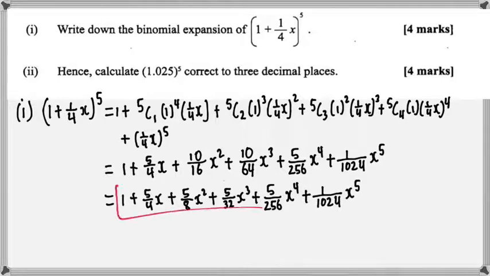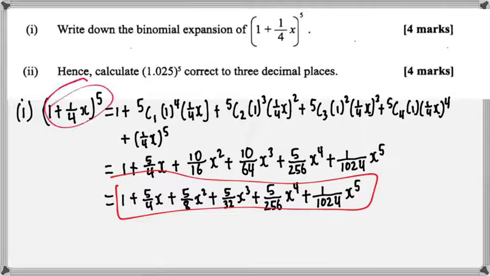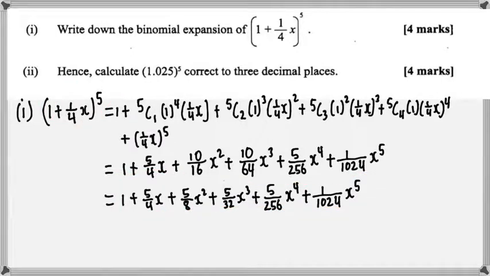And this is our solution for the expansion of this. That is basically it. That is your solution there. So the key with this is really just making sure you know your formula. Once you know your formula, you can get to this point very easily because it's just a matter of using your calculator thereafter.